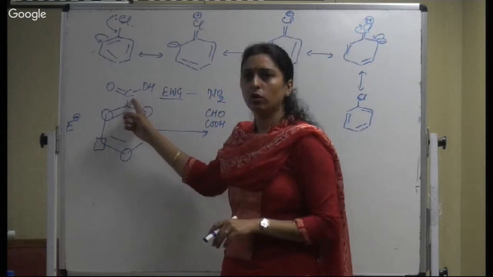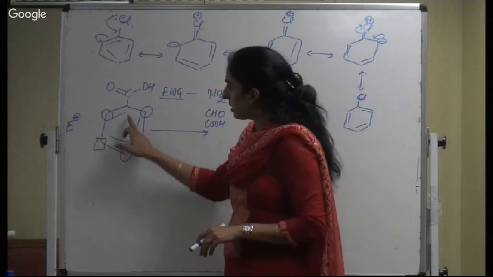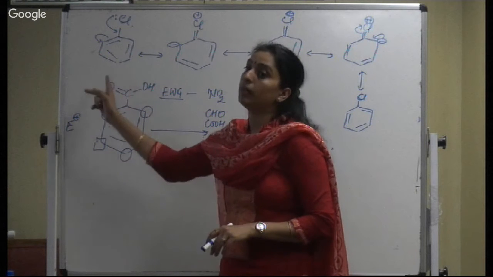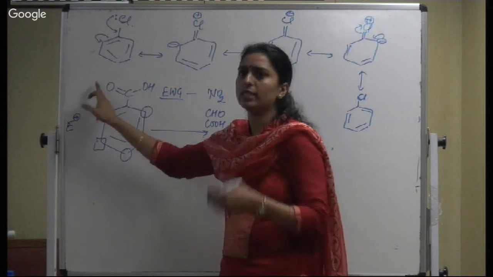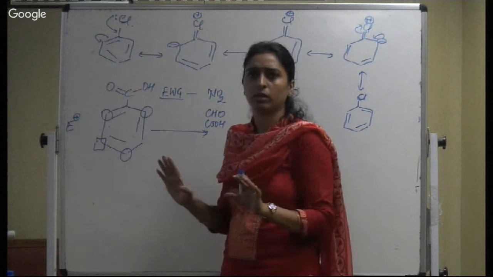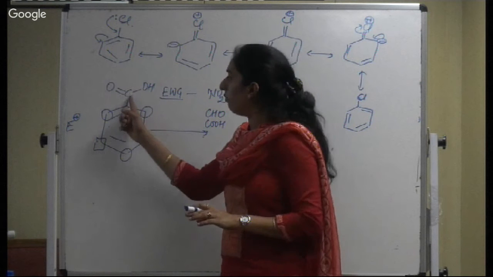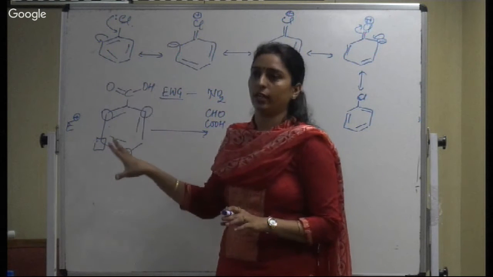If it is nitro, nitro has N double bond O. If the atom directly attached to the ring has a multiple bond, it does not matter with whom, whether carbon, oxygen or nitrogen, it makes no difference. If it has a multiple bond, it is withdrawing. So it would be meta directing.